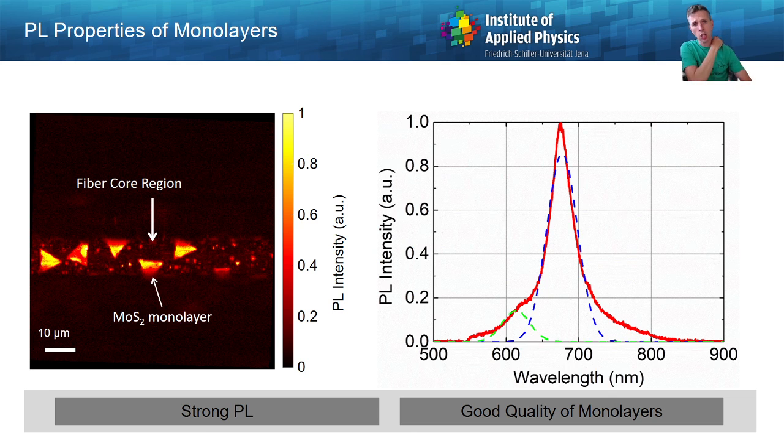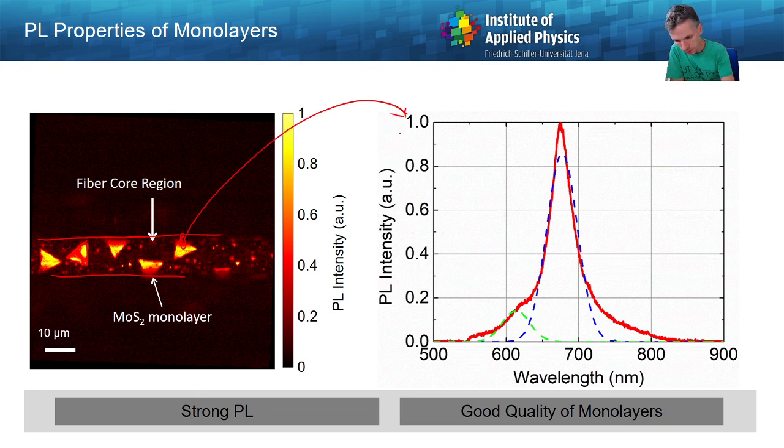So in the next step, you can look for photoluminescence, which is not just a signature for monolayer formation, but also a signature for good electronic quality. And you can see the fiber core here, and you see that in this fiber core we have these nice triangles which have grown on them and which have very, very strong photoluminescence.